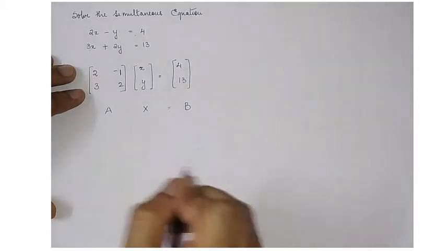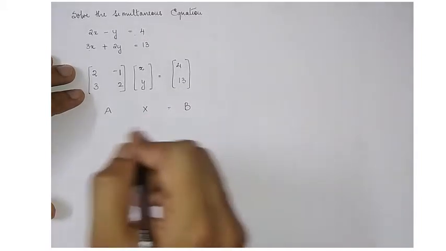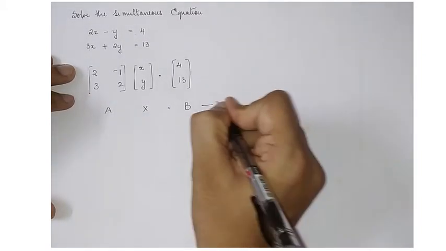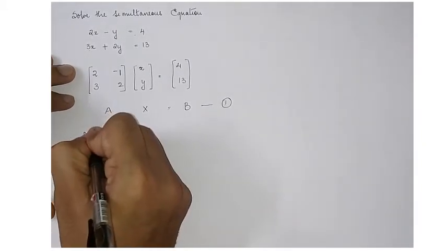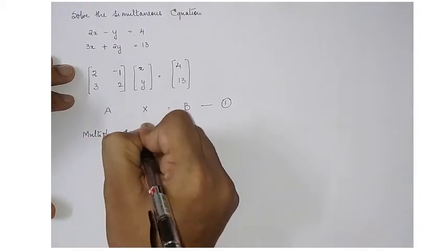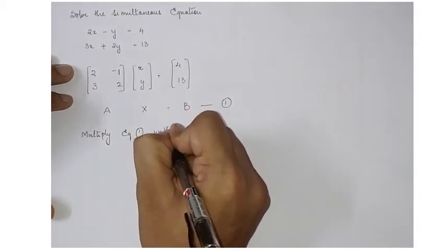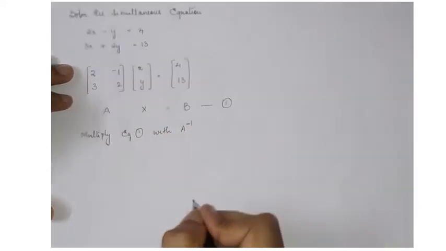I'm doing some transformations here. Now I'm multiplying the entire equation by A inverse. Consider this is equation 1. Now multiply equation 1 with A inverse. What happens when you multiply with A inverse?